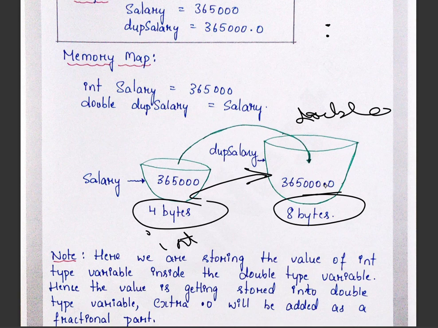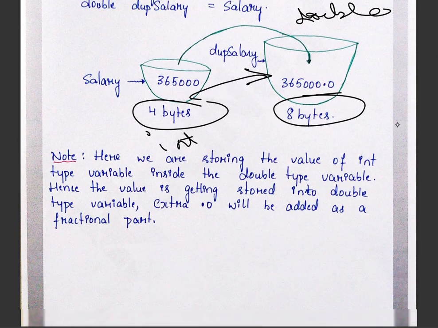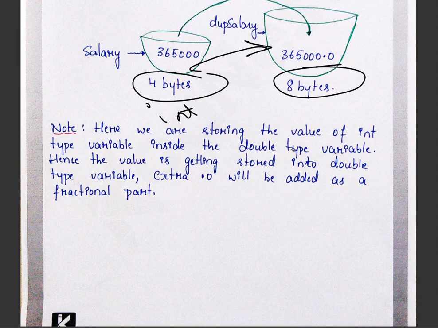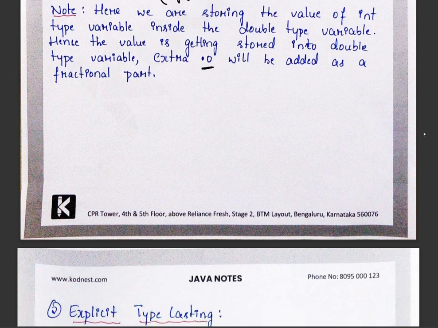It just adds a decimal point to it, because double stores a fractional part, so it stores it like a decimal number. Here the value is getting stored into double, and an extra 0.0 will be added as the fractional part. So that's about implicit typecasting.